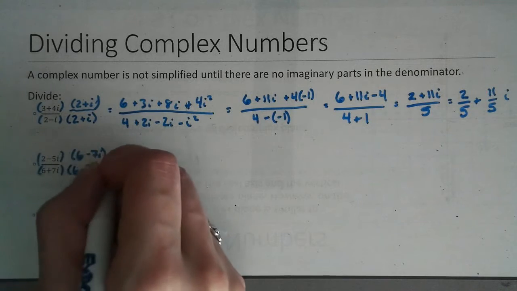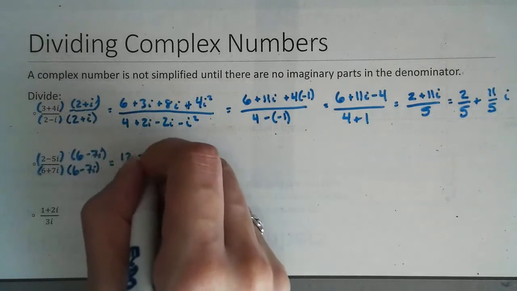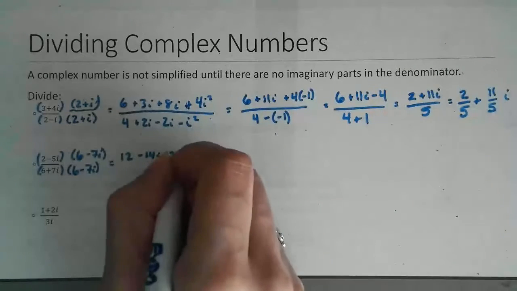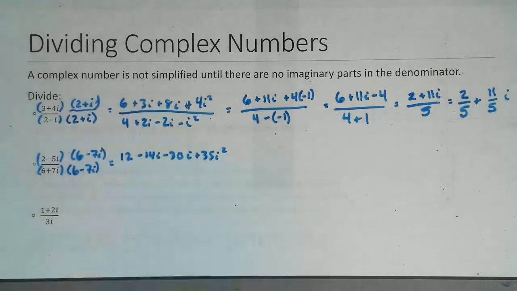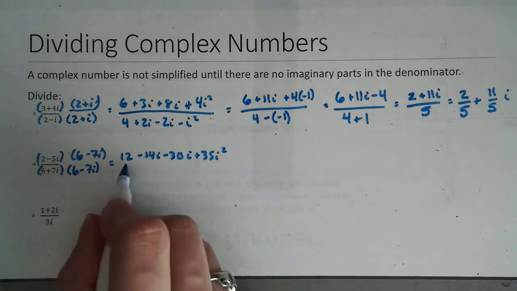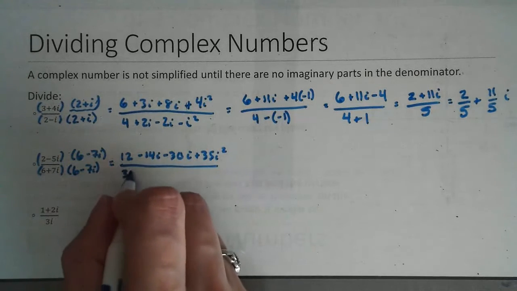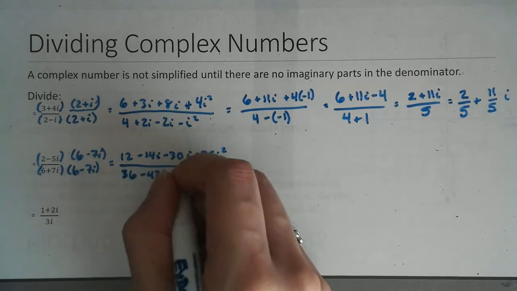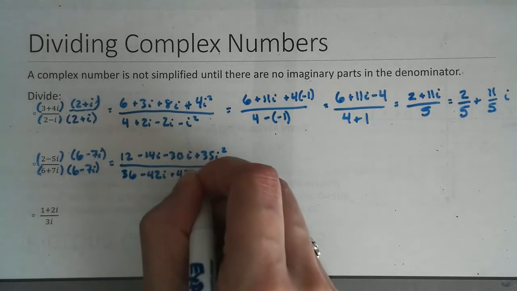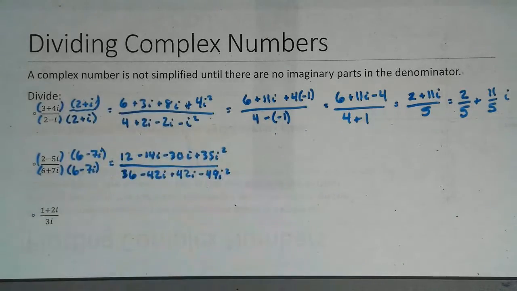More FOILing! 2 times 6 is 12, minus 14i, minus 30i, plus 35i squared. In the denominator, I'm looking at 36 minus 42i plus 42i minus 49i squared.